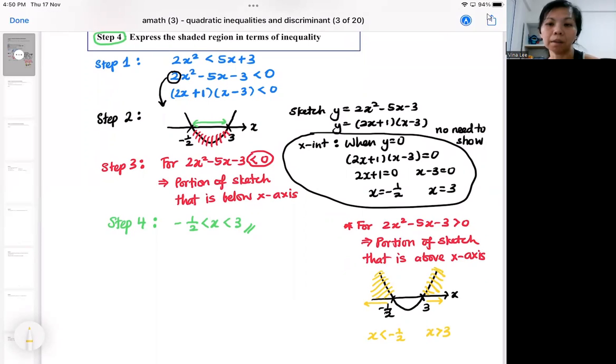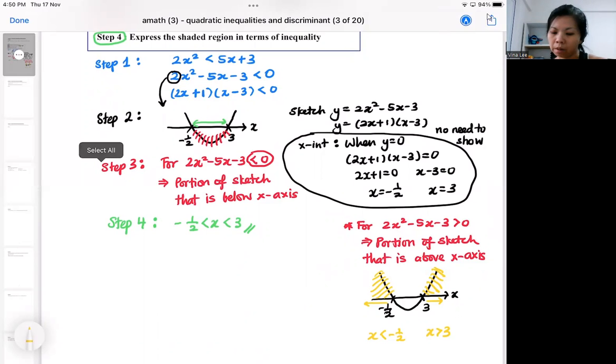If you got two sections, you will end up having two inequalities because there are two separate number lines to satisfy this inequality. So typically, in a nutshell, if you shade one area, your answer is one inequality. If you shade two areas, your answer is two inequalities.